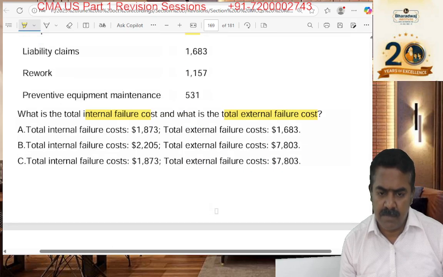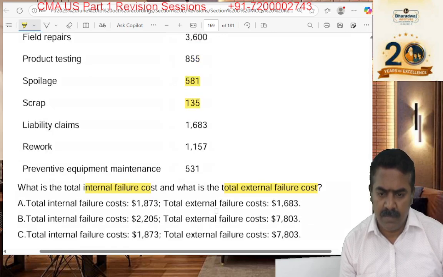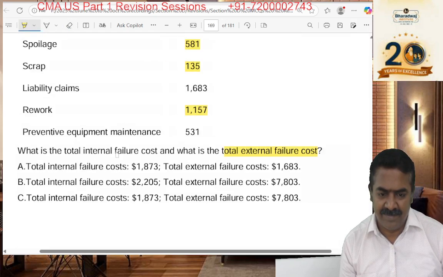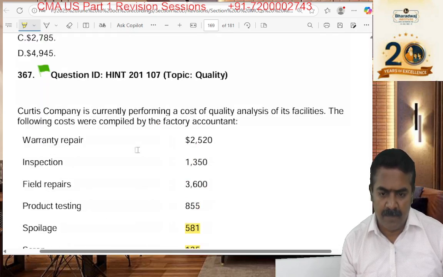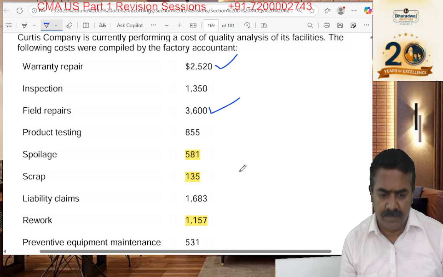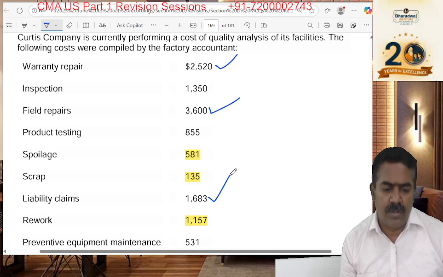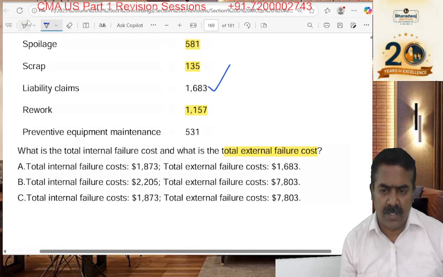Scrap. Rework. External failure cost: warranty repairs, field repairs. You go to the field and do the repair work. Liability claims also. So what is the answer?